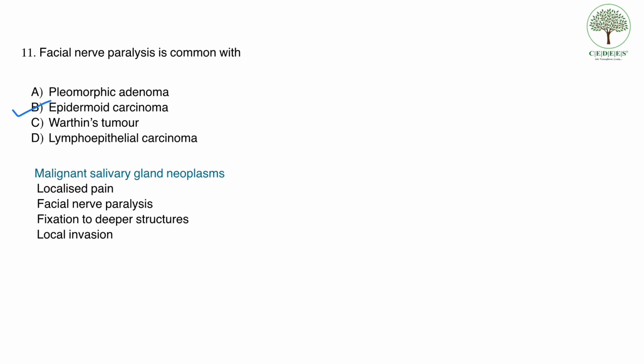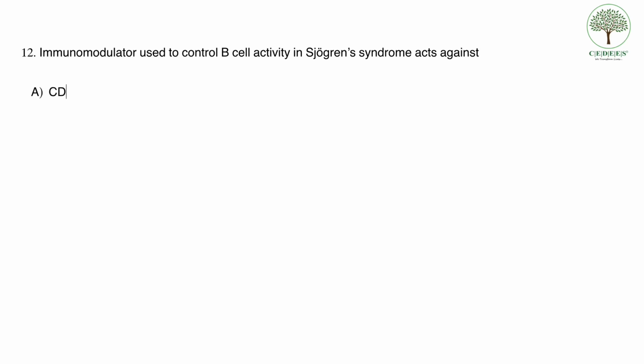The 12th question is, immunomodulators used to control B cell activity in Sjogren syndrome act against, and your options are option A CD22, option B CD26, option C CD24, and option D interferon gamma. So the correct answer here is CD22. Now, to fully understand this answer, you must go through the pathogenesis of Sjogren syndrome.